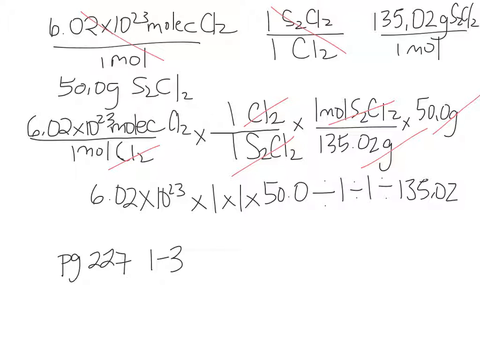But before you get your books open, on the back of this page, I have given you the skeletal chemical equations for the reactions for page 227, questions 1 to 6, to help you. So I want you to do 1, 2, and 3. Use these skeletal chemical equations to help start you.